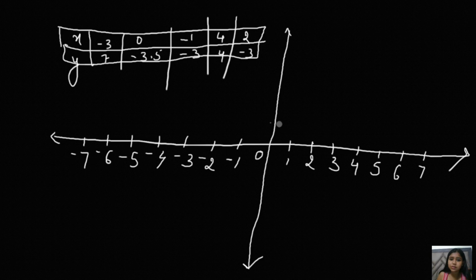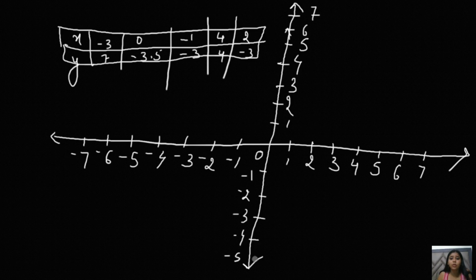This is what it is in the whole chapter. You just have to know the terms: what is ordinate, what is abscissa, what is origin, what is quadrant, what is the first quadrant, why the sign is positive, why the sign is negative. You have to know all these things, and then you just have to locate the points, okay?